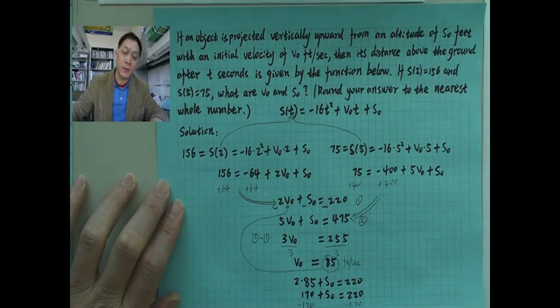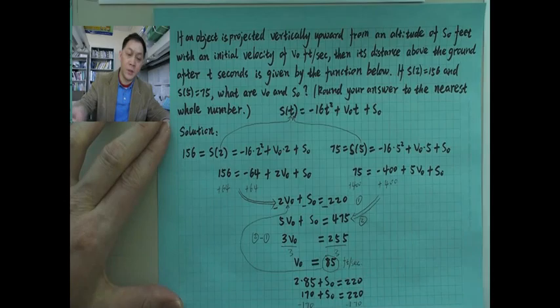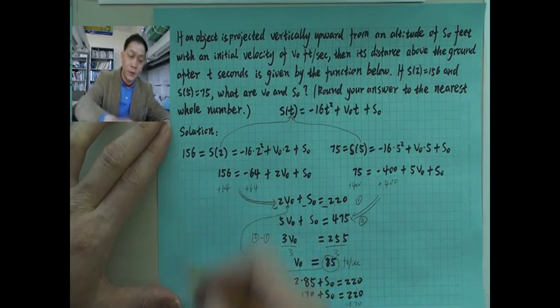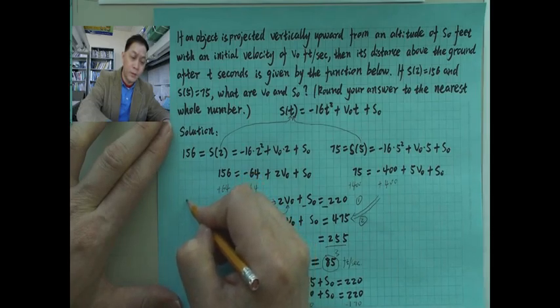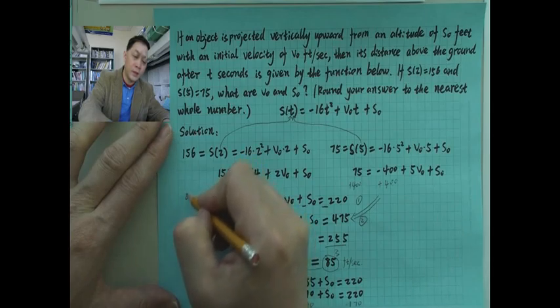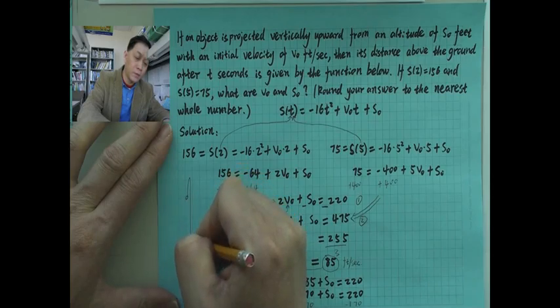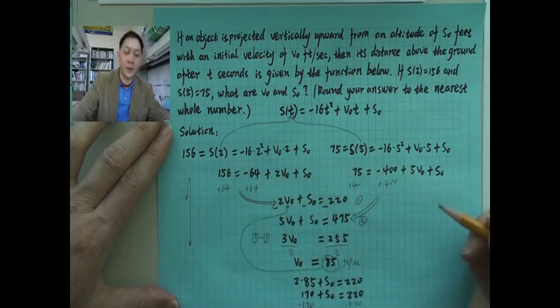Okay, so this basically says what? An object is probably right here, okay, and then it is thrown up and then goes down, like that.